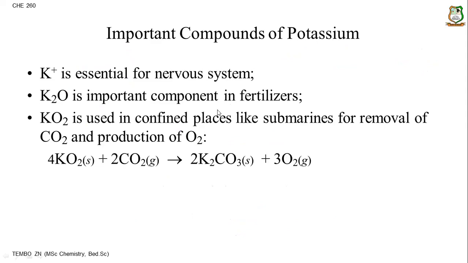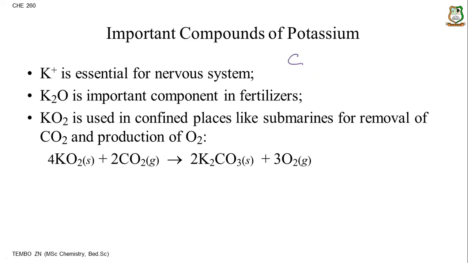But as we can all see, ladies and gentlemen, if we look at an element like potassium, this one is also essential in the electrolytic balance of the body. However, it is used mainly in the nervous system. Potassium is also an important component in fertilizers, because in our fertilizers there are mineral nutrients and non-mineral nutrients.